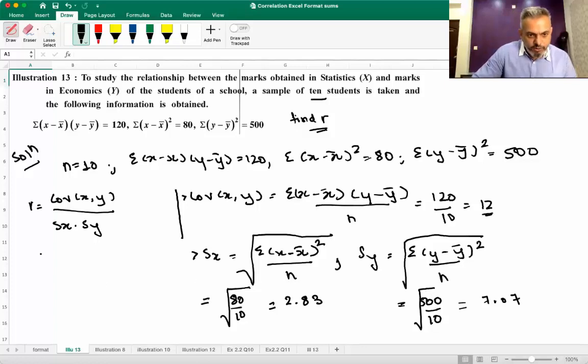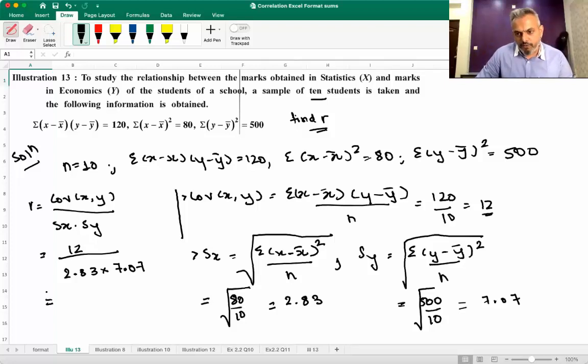So we substitute: standard deviation of x is 2.83 into standard deviation of y 7.07, which is 7.07 into 2.83, which is equal to 20.0081. Then 12 divided by that is equal to 0.59975, which is equal to 0.6.